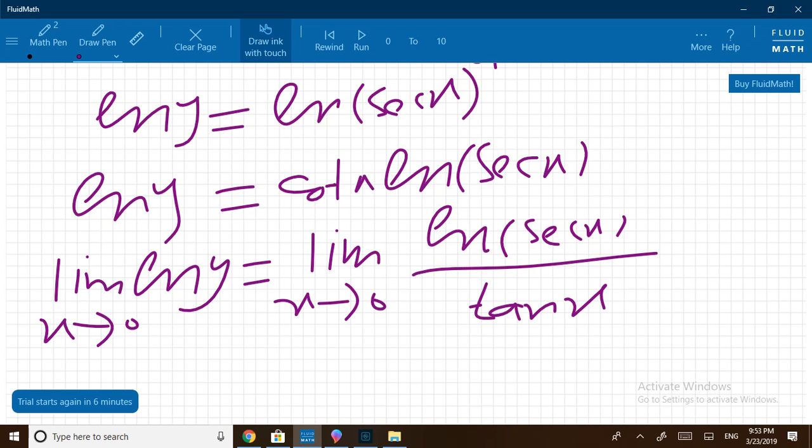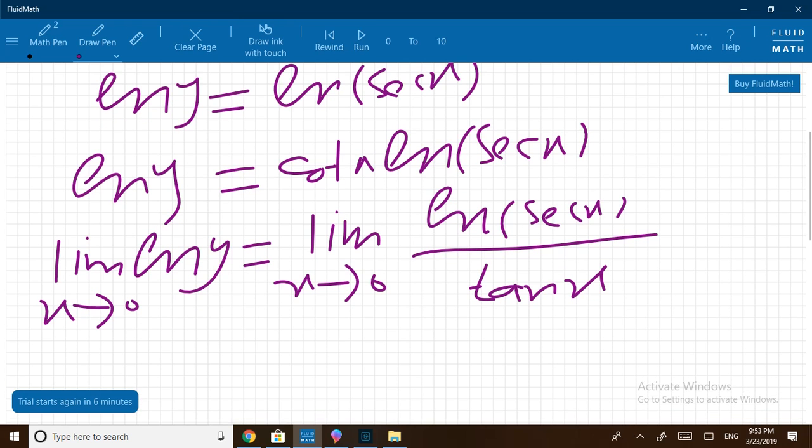Okay, now if I put the limit x approaches 0, secant 0 is 1, 1 over cos 0, and natural log of 1 is 0, tan 0.